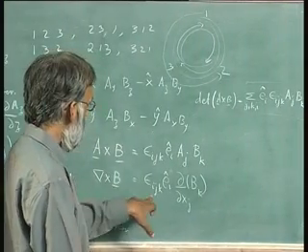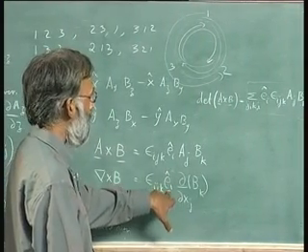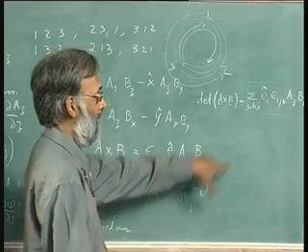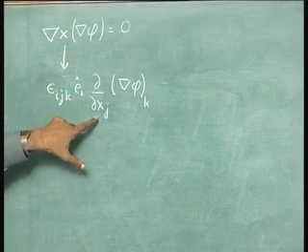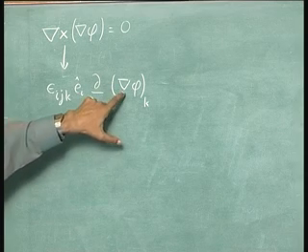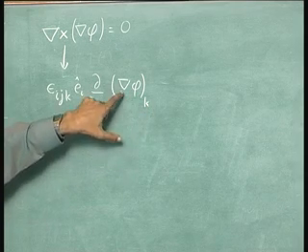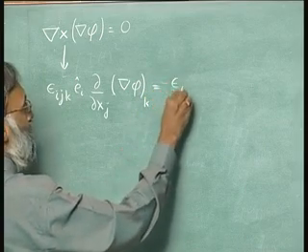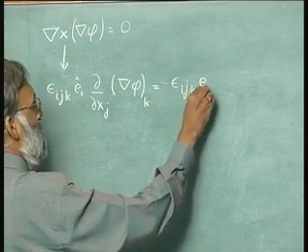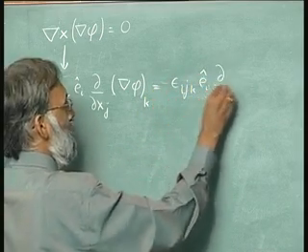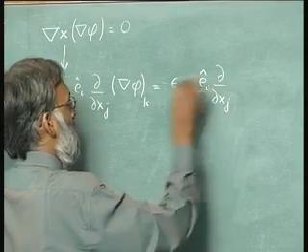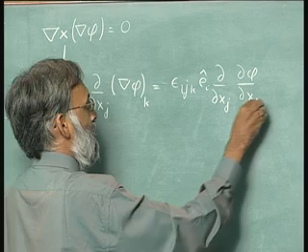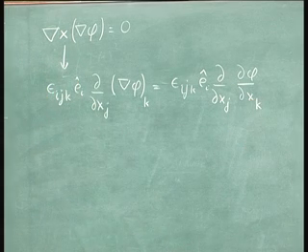Definition of curl is epsilon i j k unit vector along i, del del x j, vector along k. But this vector along k is actually del phi del x k, because that is what gradient is.